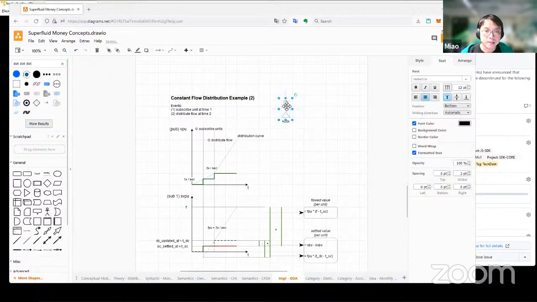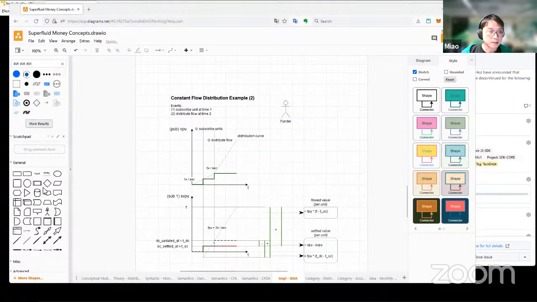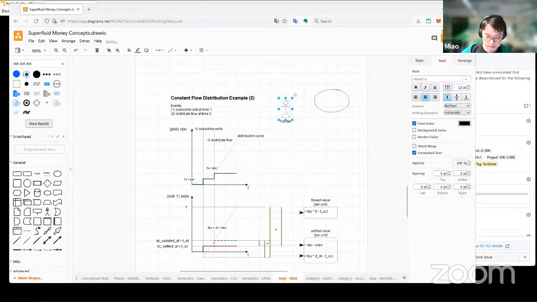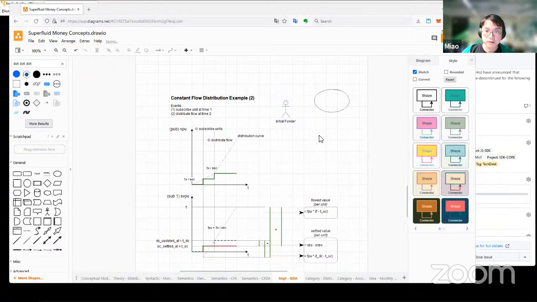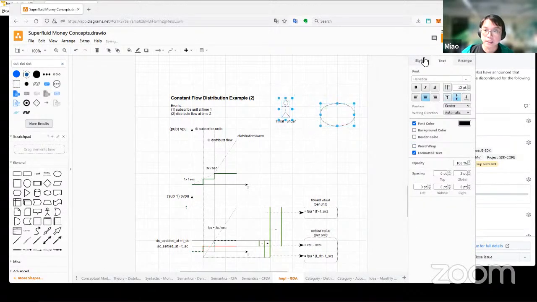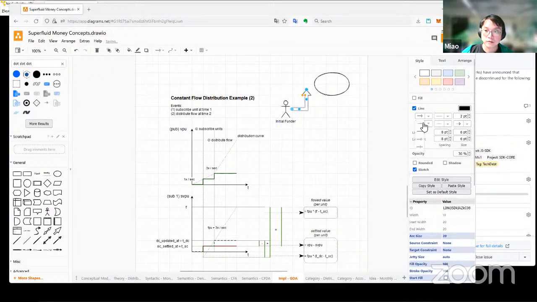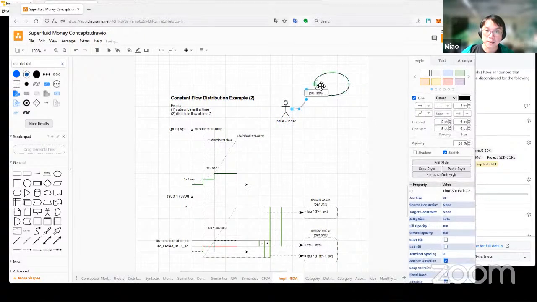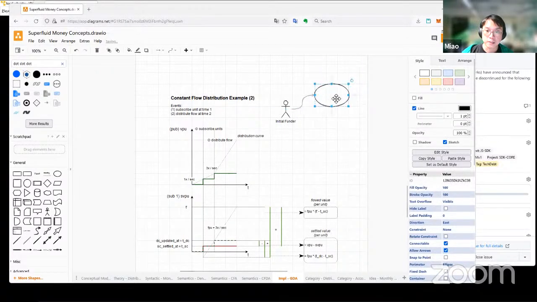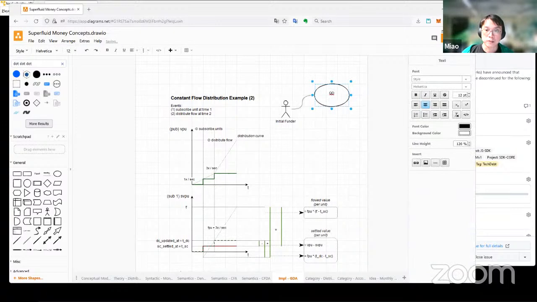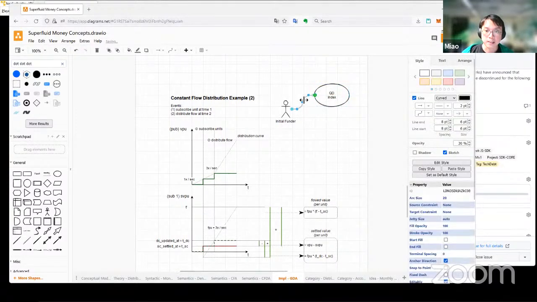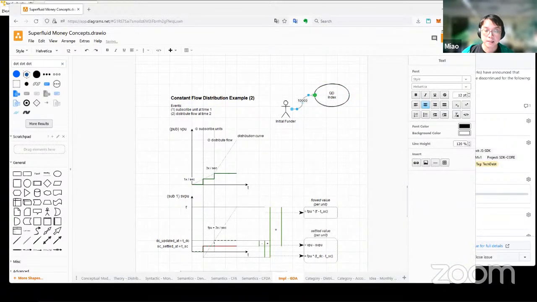Let me just show, right? So this is the initial founder. Let me just run a quick tangent here. So the initial founder decides, right? The whole point is that it contributes to this quadratic distribution index. So there is, let's say, 10,000 per month contribution.